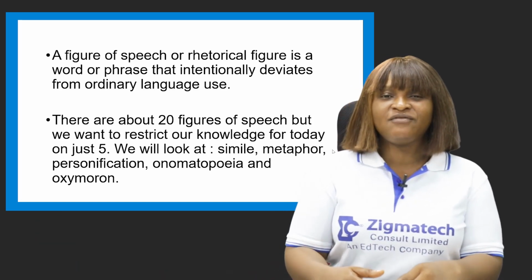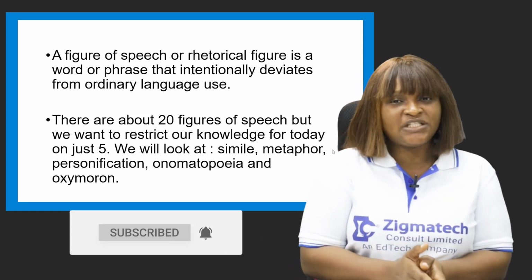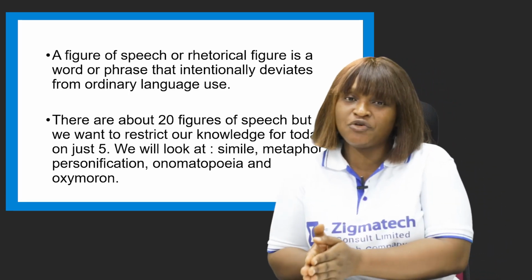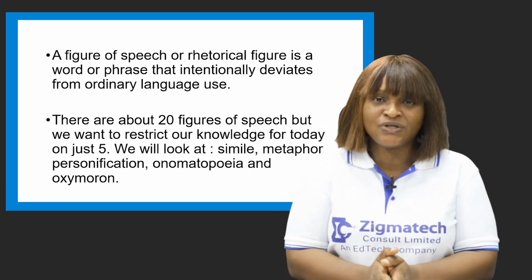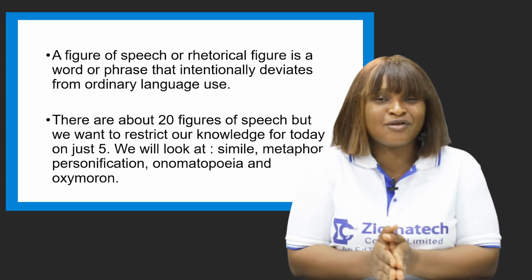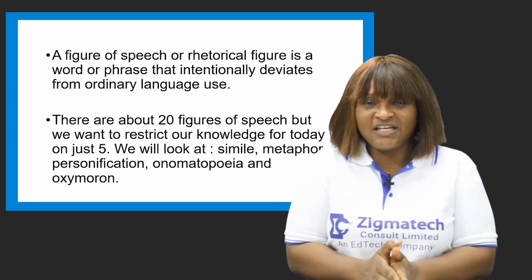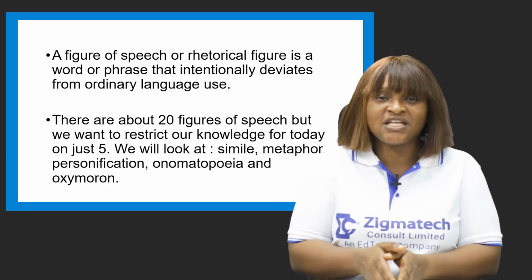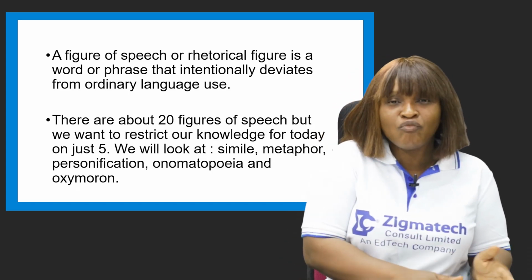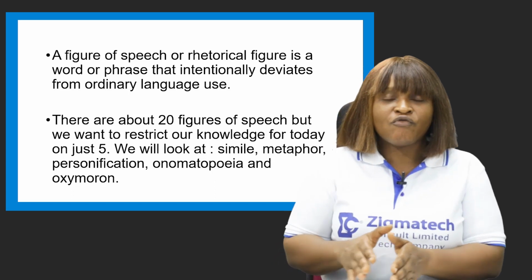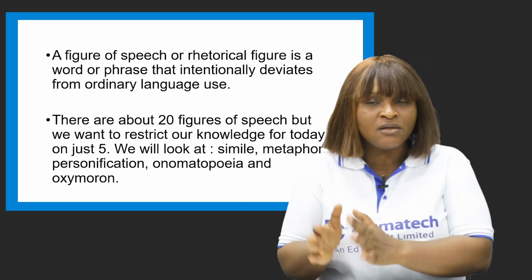So you see that the person who came in to pass this message has deviated from the normal way of passing a message across to another way. People who have never come across "kicked the bucket" will be confused at what the person has said, and that is why we refer to figures of speech as the intentional deviation, or intentional moving away, from the ordinary way of using language.